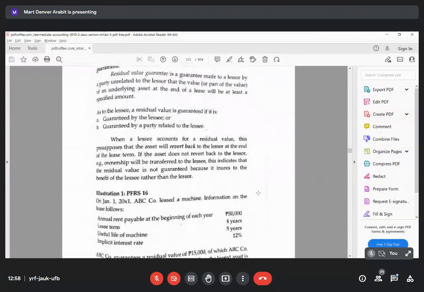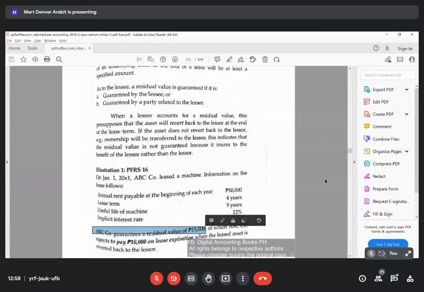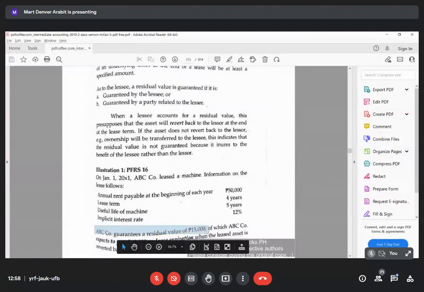problem natin, makikita nyo, ABC company, which is the lessee, guarantees a 15,000 residual value, of which ABC is expected only to pay 10,000 on lease expiration. But again, ginagaranti niya yung 15,000. Okay?